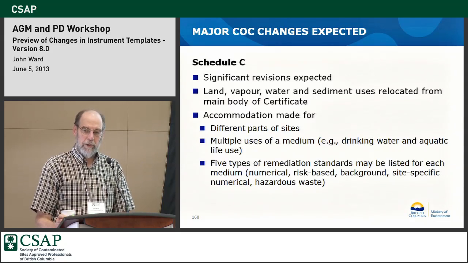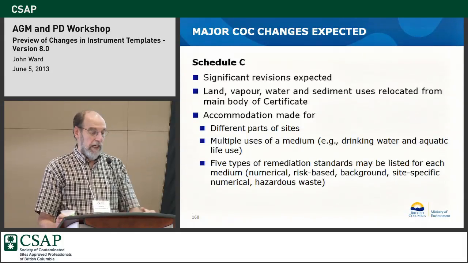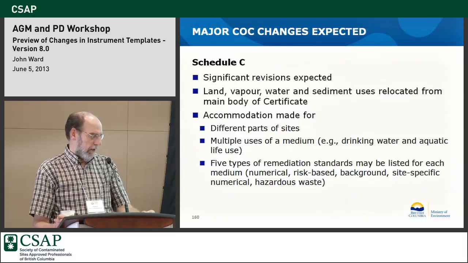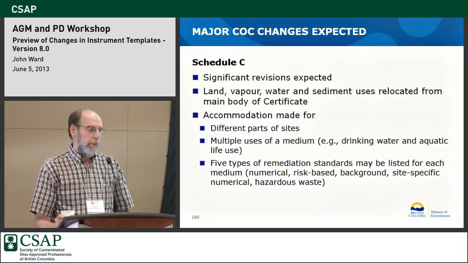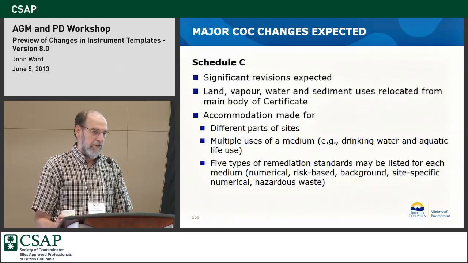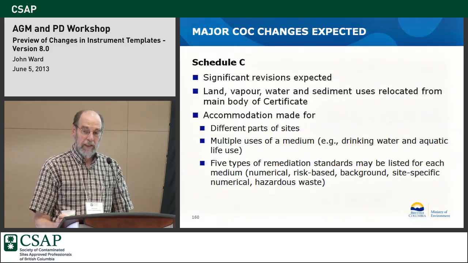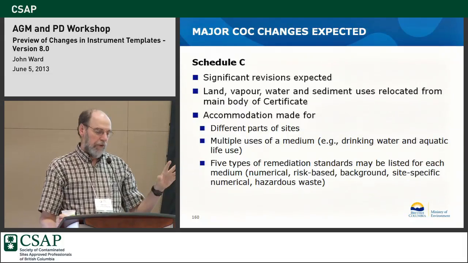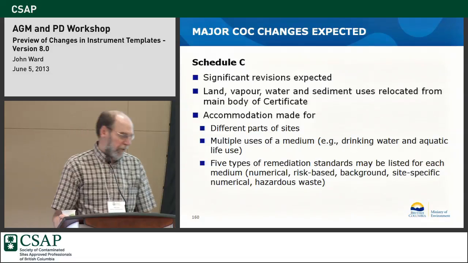All those are allowed. And then we have 5 different types of standards: numerical standards, risk-based, background, site-specific numerical standards, and hazardous waste. So all those might occur, or some of them might occur at a site. And the uses themselves are now in Schedule C. They're not in the first part.